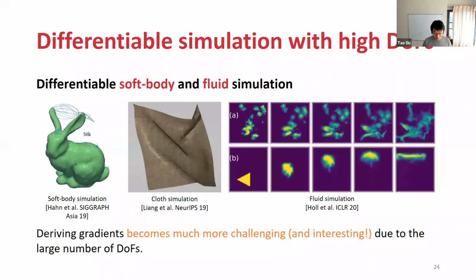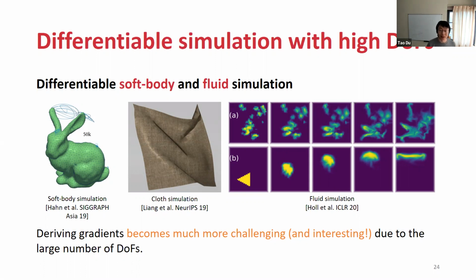And another recent trend which starts to draw people's attention is to develop differentiable simulation tools for more sophisticated physics systems. Here, I showed a few recent papers targeted at applications like deformable body simulation, cloth simulation, and fluid simulation.